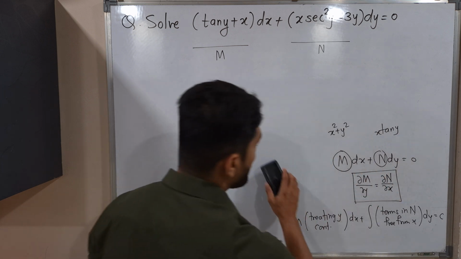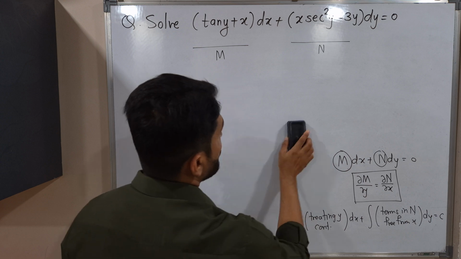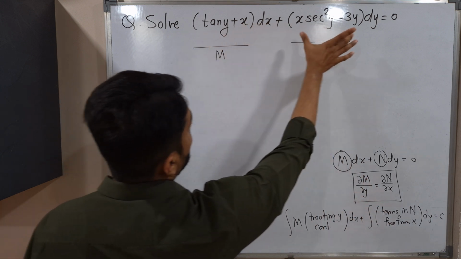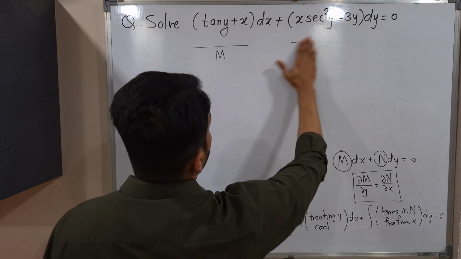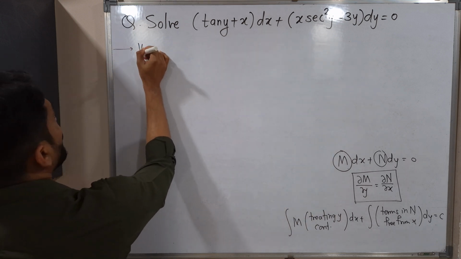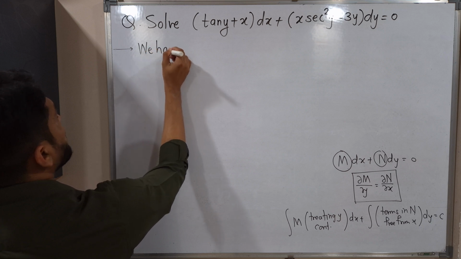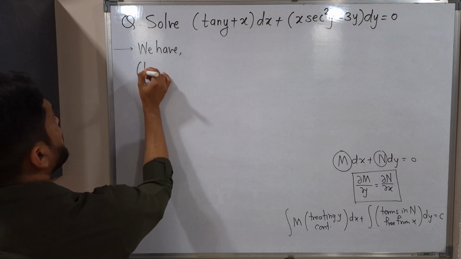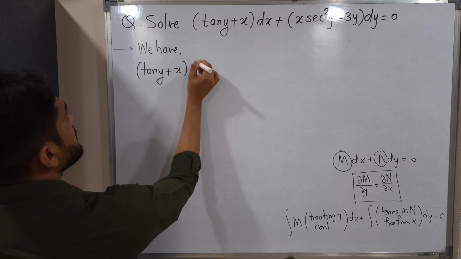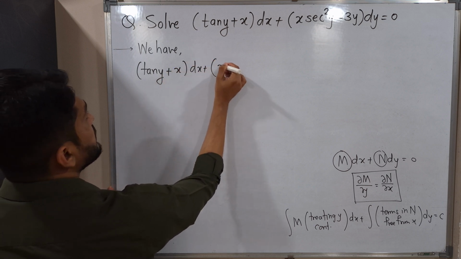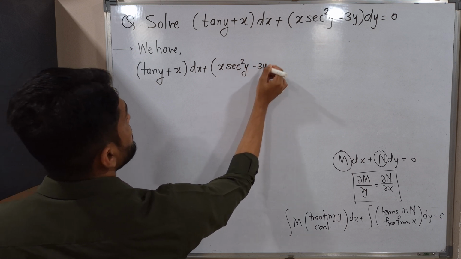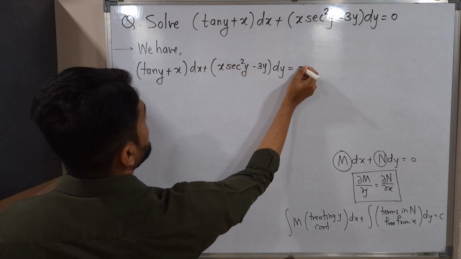Let me remove this part. As I told you earlier, the multiple of dx is our M and the multiple of dy is our N. Let me rewrite the given differential equation again: (tan y plus x) dx plus (x sec square y minus 3y) dy is equal to 0.